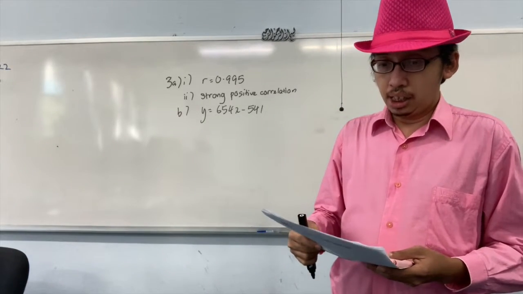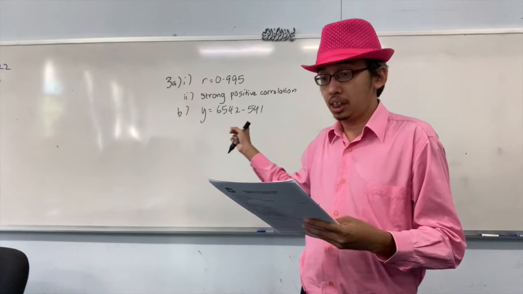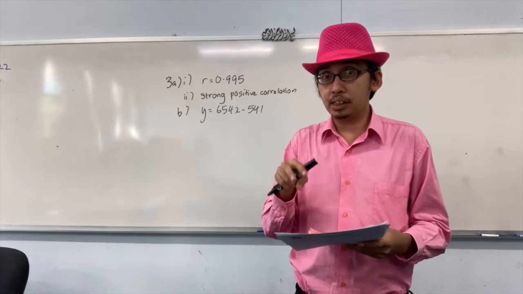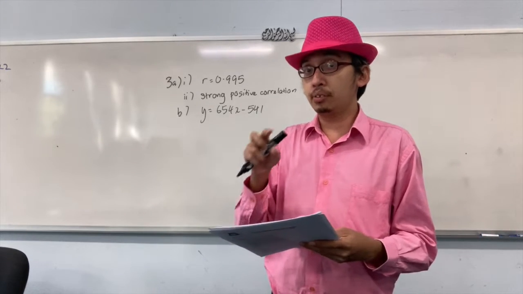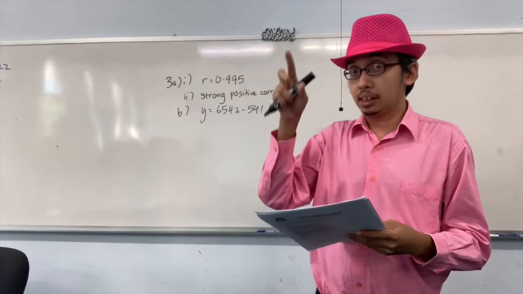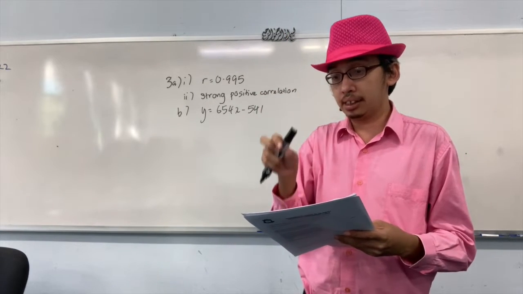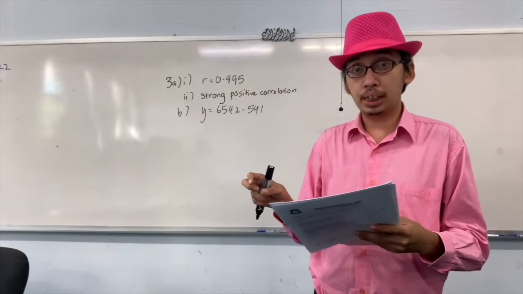For part C, they ask you to use the line of regression to estimate the revenue of serving 20 clients. The number given is 20, so it's a whole number, so it's better for you to go to the table. Locate where X is 20 under L1, and then locate what the Y value is.